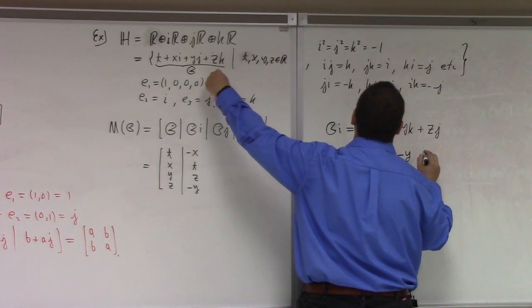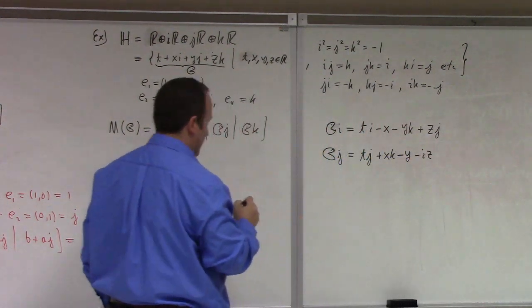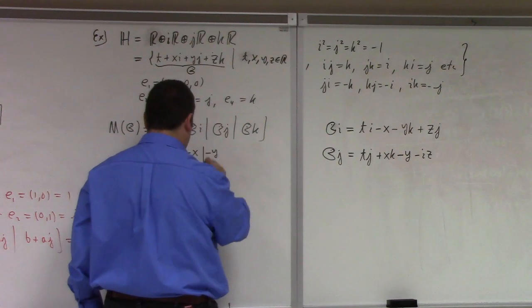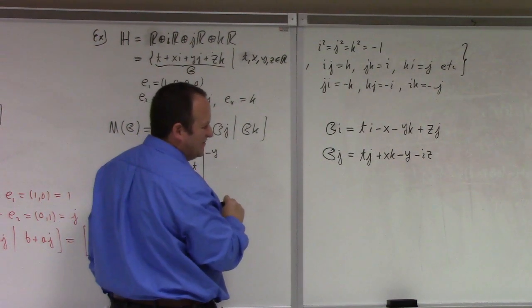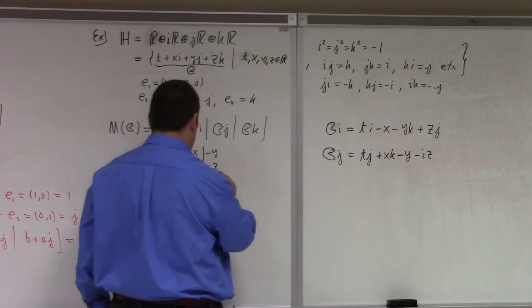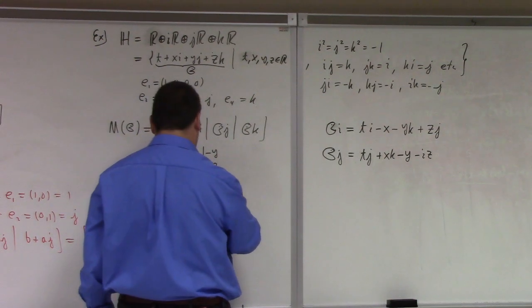K times j is minus i, so minus iz. So let's see here. That puts a minus y up here. And then my i component is minus z. My j component is t. And my k component is x.